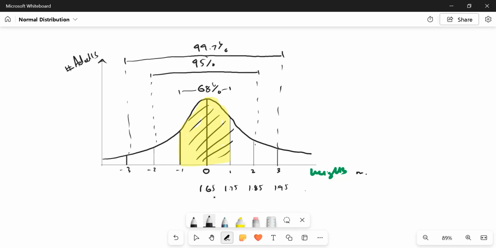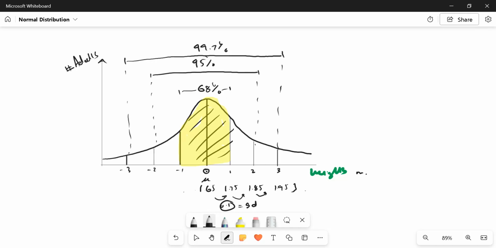Likewise, you can see we're jumping up by 0.1, which is my standard deviation SD, and this is my mean, which is 1.65. These are the actual values, and this over here is my standard normal distribution graph, which has zeros and ones. 0, 1, 2, 3, -1, -2, -3. All right. So going from one end to the other.